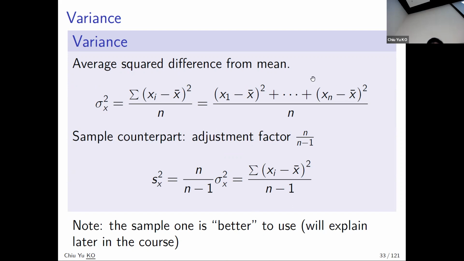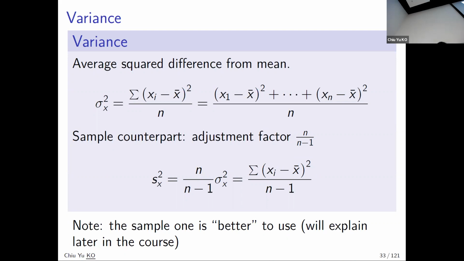This one is called population variance. This is called sample variance. And we will answer why the second one is better when we talk about estimation in our topic 5. We talk about why we look at n minus 1 instead of n.